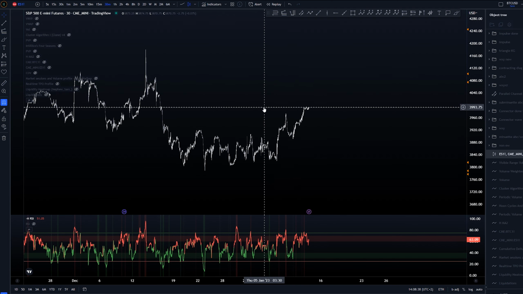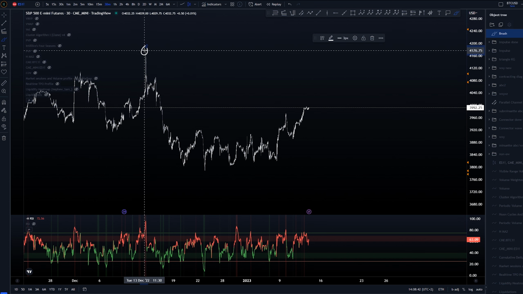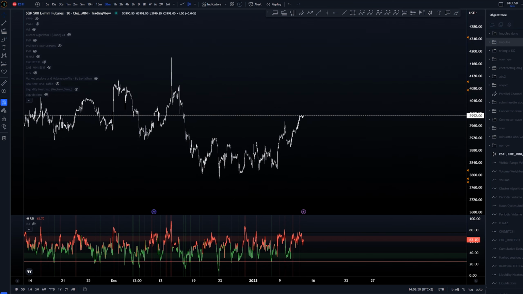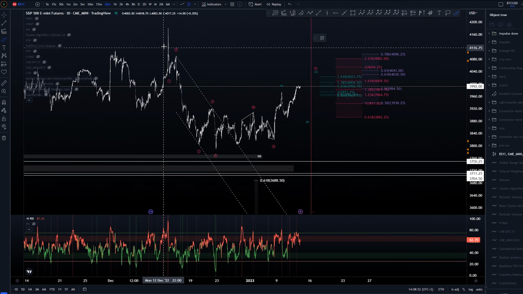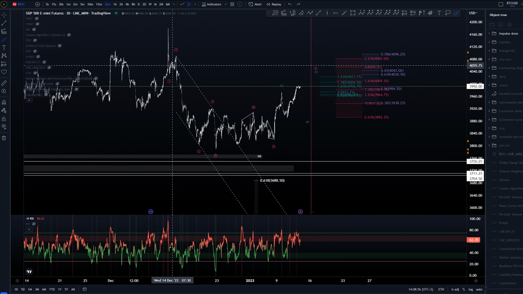Starting here on the 30-minute time frame, looking at the scenarios again from the highs of 4,170 or 80 basically. That was the midpoint of December, and since then the idea has been that we had a five-wave structure coming down, either ending in here or in here.